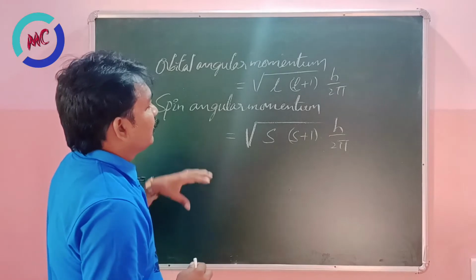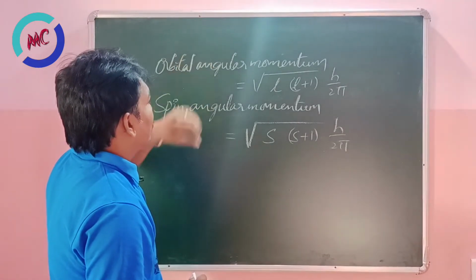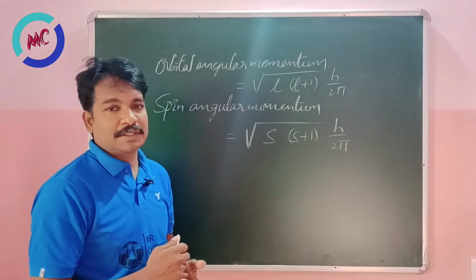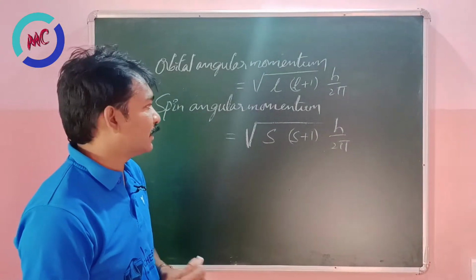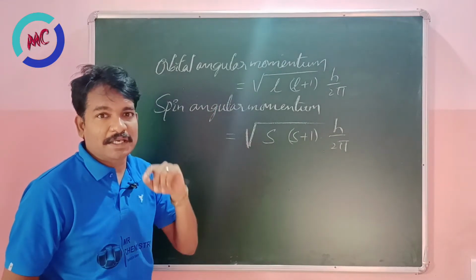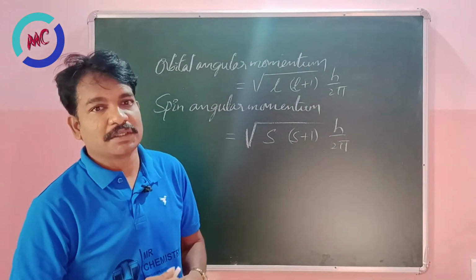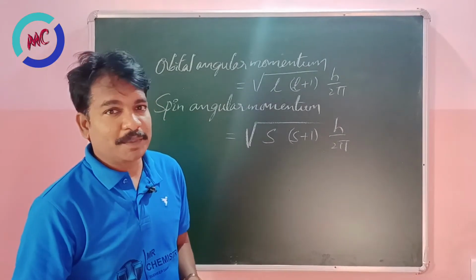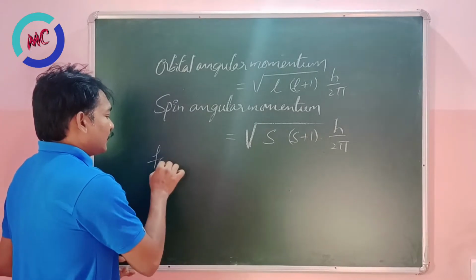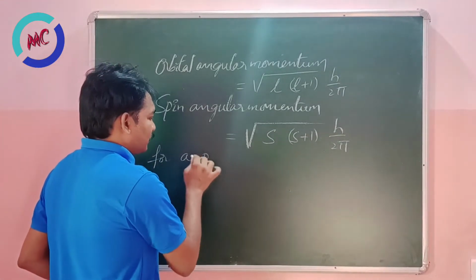And see here, if you like to take the ratio between orbital angular momentum and spin angular momentum, because in JEE exams and NEET exams, generally they will ask the ratio between orbital angular momentum and spin angular momentum of a particular orbital. For example, if you consider p orbital, what is the L value for p orbital?